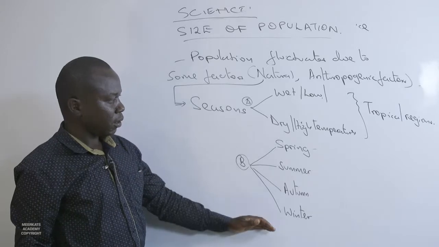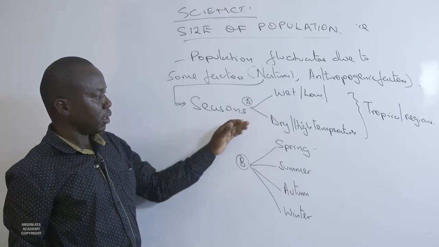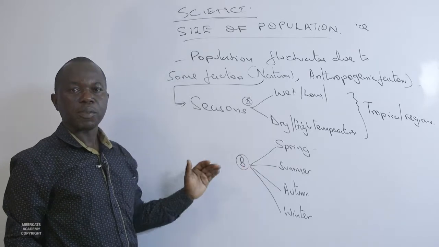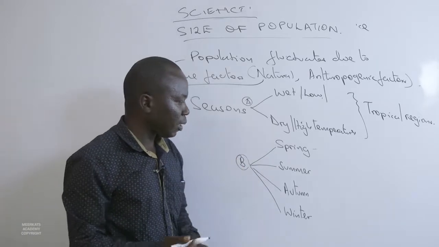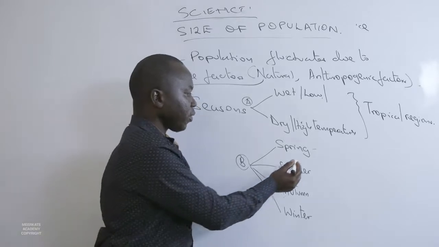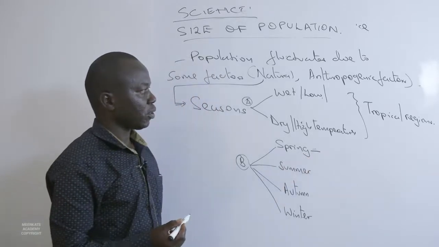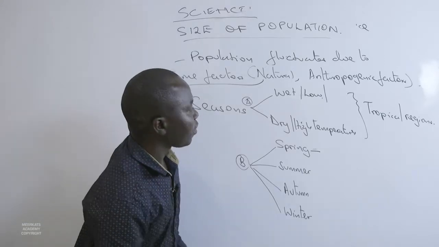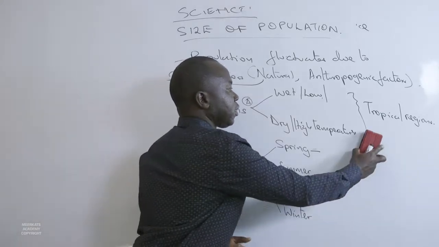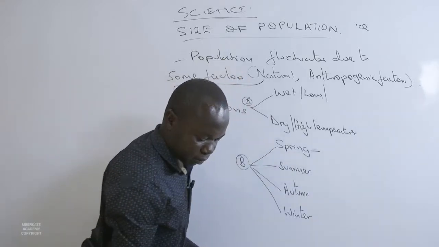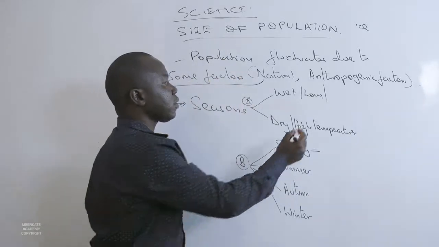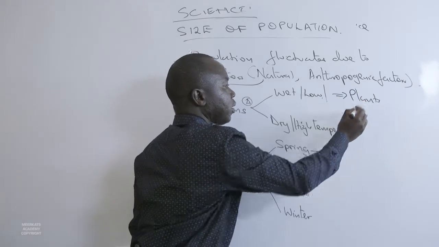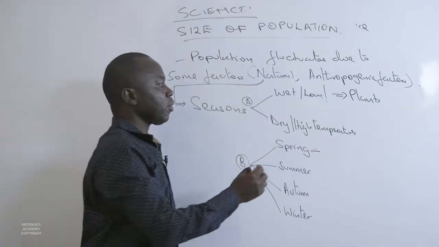Now, these differences in seasons usually come with different conditions for the growth of specifically plants. If we begin with the tropics, where we have wet season, during wet season there will be more plants growing. The growth rate of plants will be more.